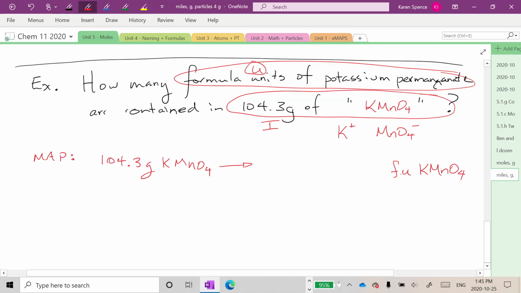And remember, by formula unit, we mean it's like a molecule, right? So if you want to write molecules, you can write molecules, it's fine.